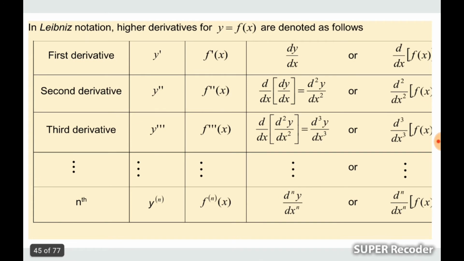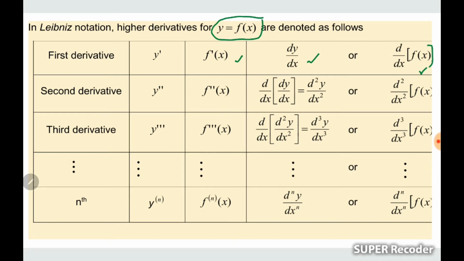In Leibniz notation, higher derivatives of y equals f of x are denoted as follows. For the first derivative, y prime, or you can write f prime x, or dy dx, or d dx of f x.